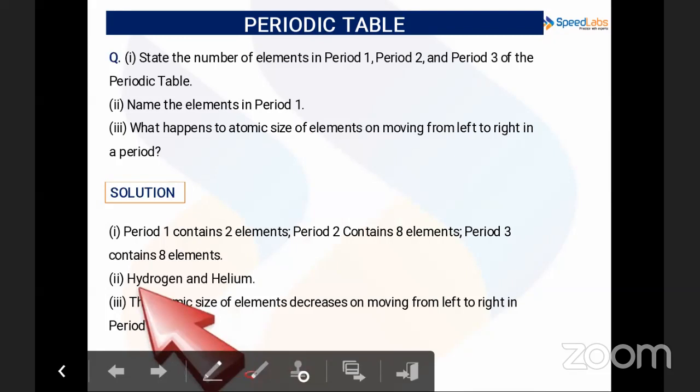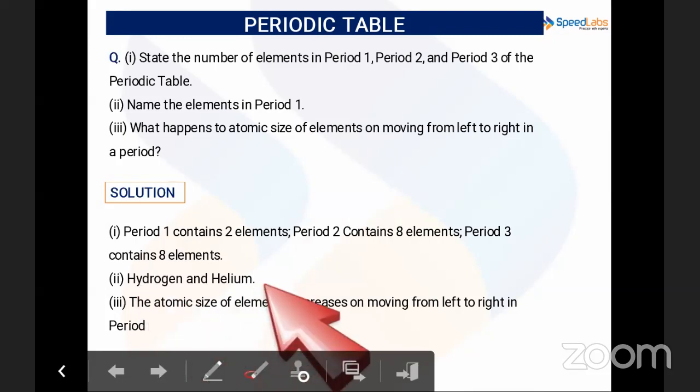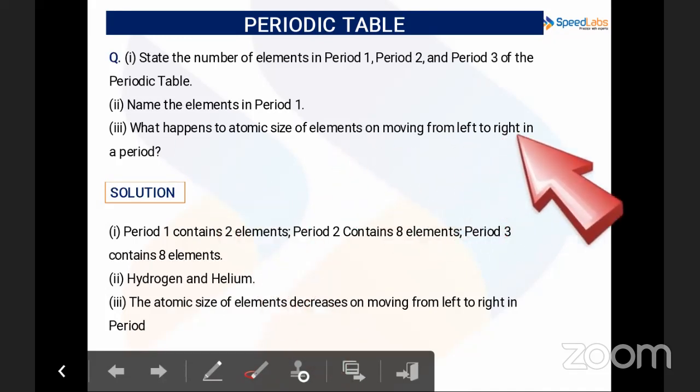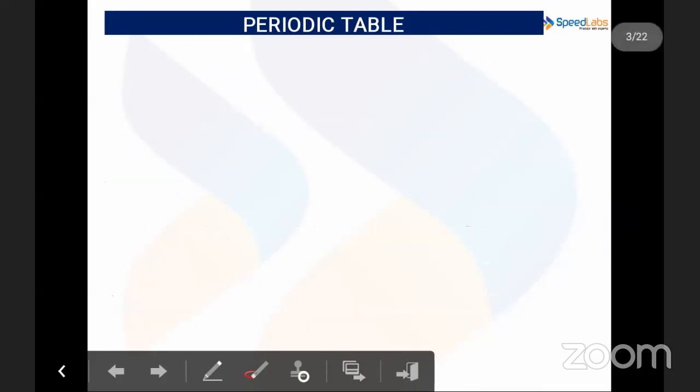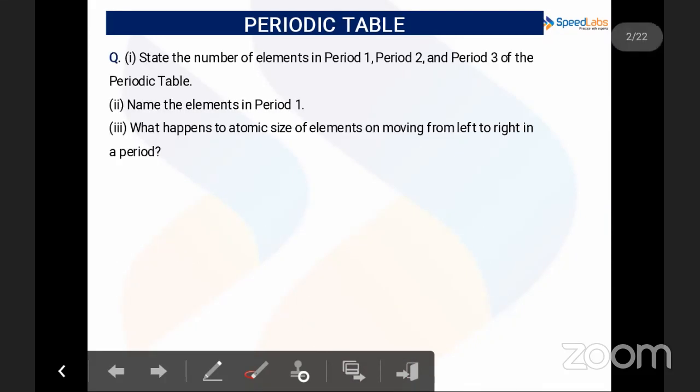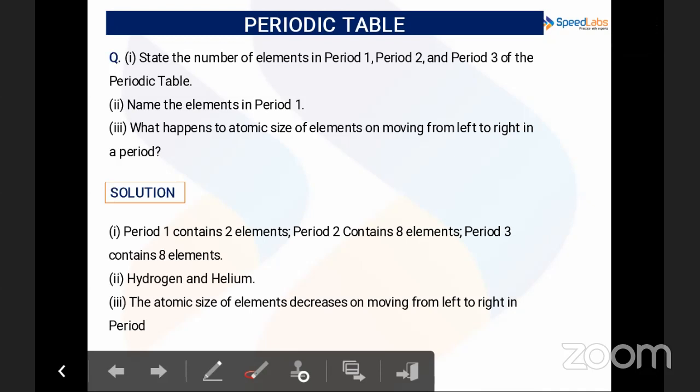Now, moving to the question, what happens to atomic size of elements on moving from left to right in a period? You know that the atomic size of the elements decreases from left to right. So these are the important questions from the exam point of view based on the periodic table and their elements.